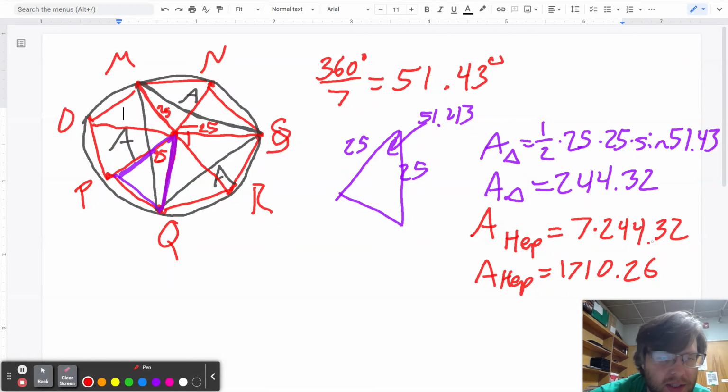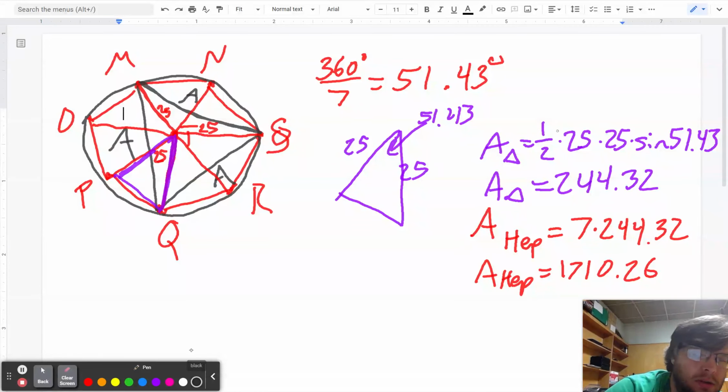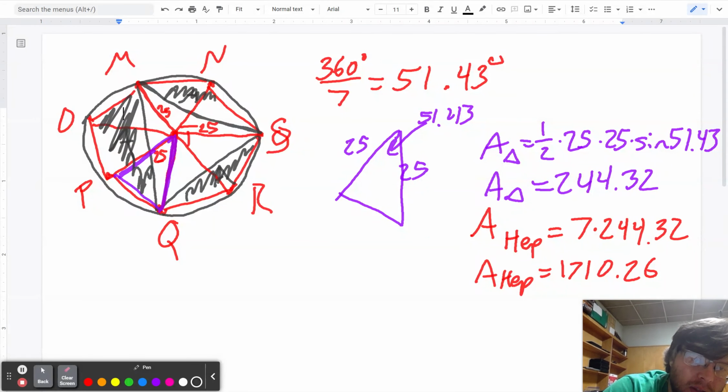Then what I actually care about is this area here, and here. And so what I want to do is subtract these other pieces here.